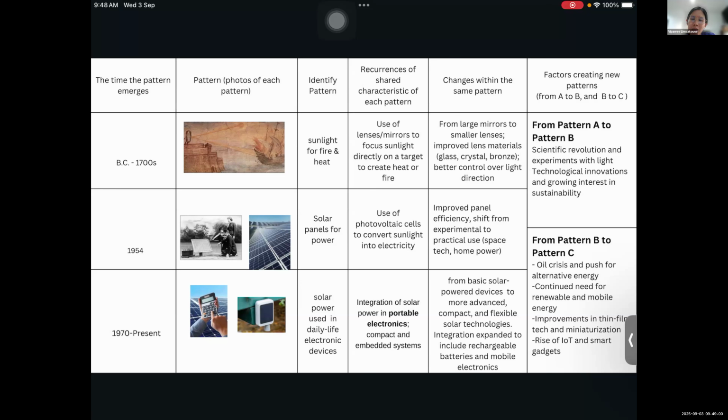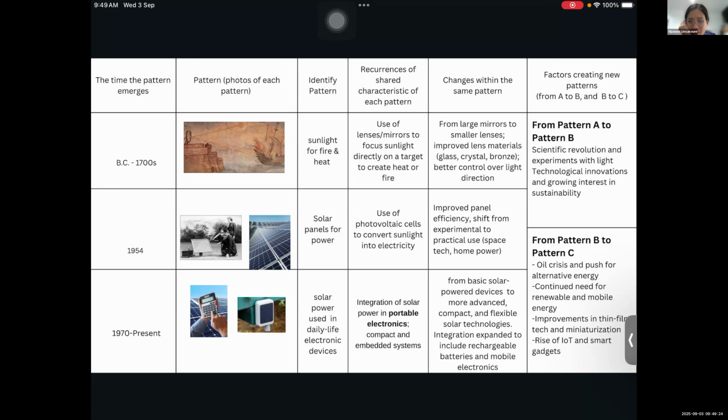I wonder a little bit here. You mentioned going from a large mirror to a smaller lens for the first part. You mean to reflect the light, right? For example, if we wanted to heat something, then we use a lens to condense the light. Is that what you mean? Yes.